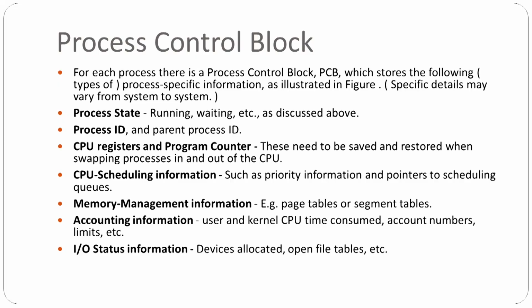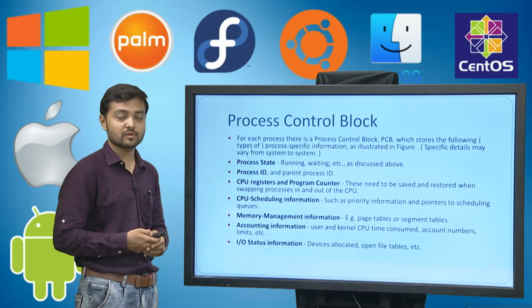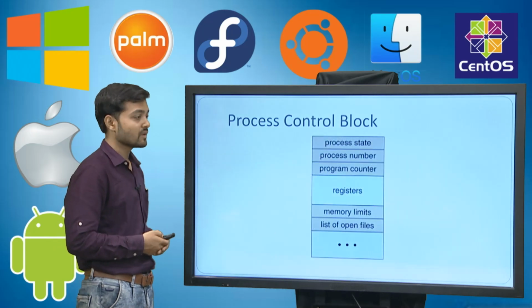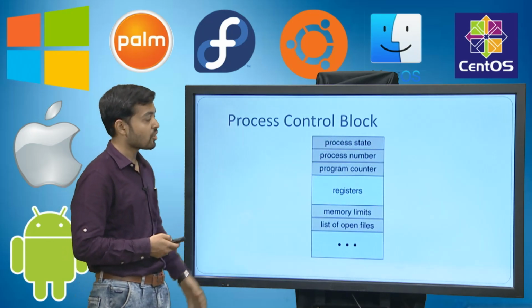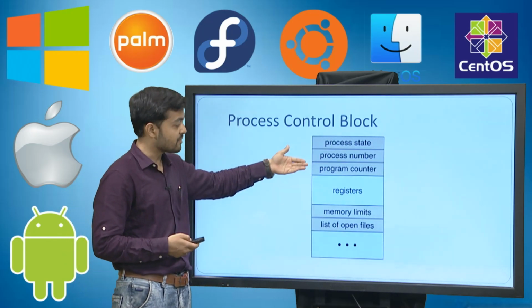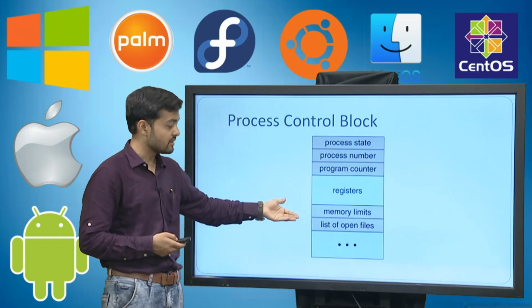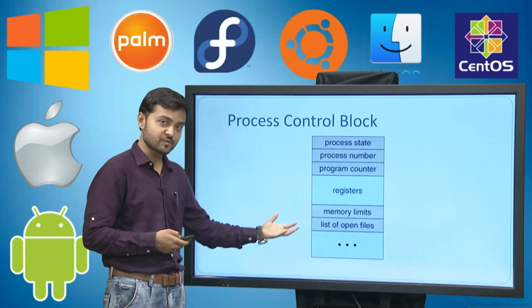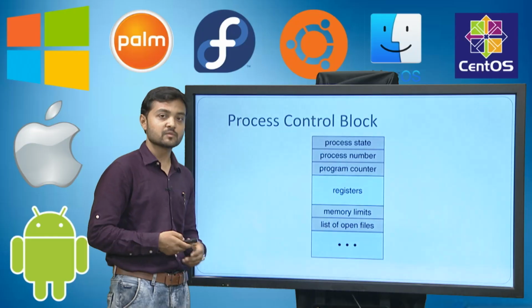Next is memory management information, accounting information, IO status information. All this information will be stored in the process control block. So this is what the process control block is: process state, process number, program counter, registers, memory limits, and the list of open files for this process.